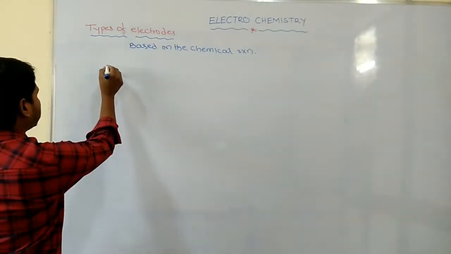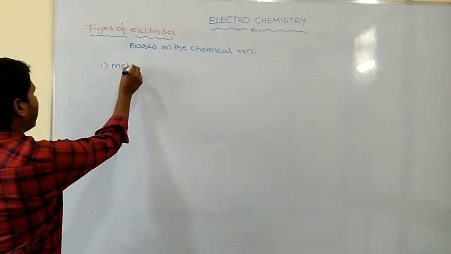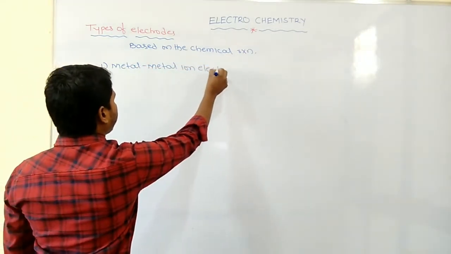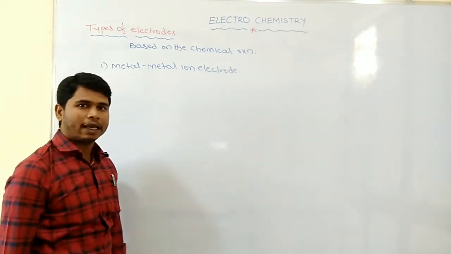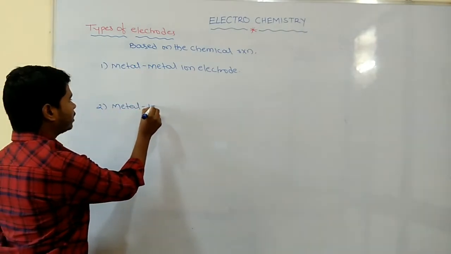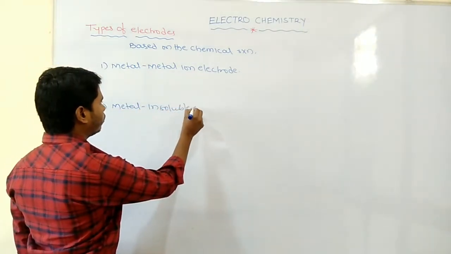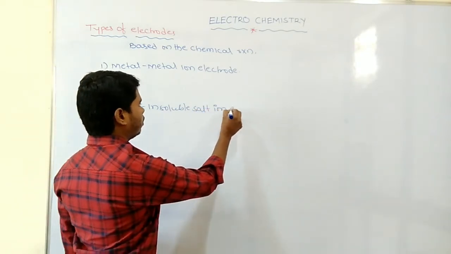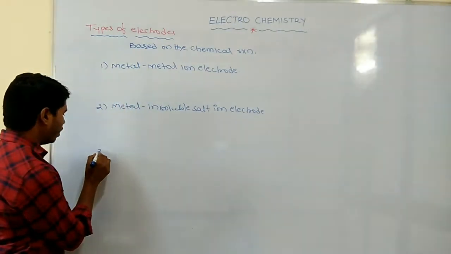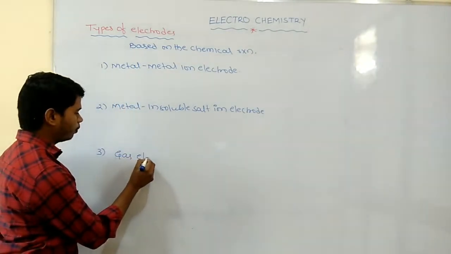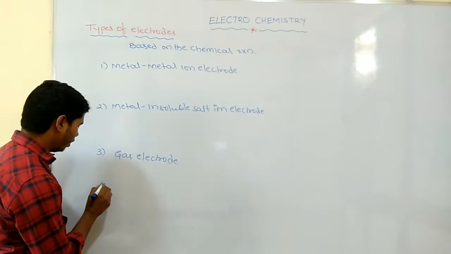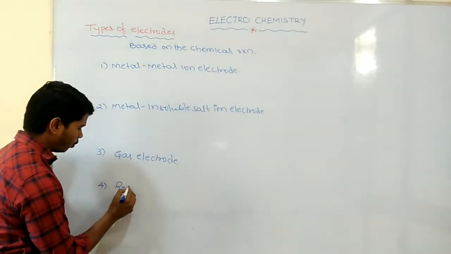The first one is a metal ion electrode, the second is a metal insoluble salt ion electrode, the third is a gas electrode, and the fourth is a redox electrode.